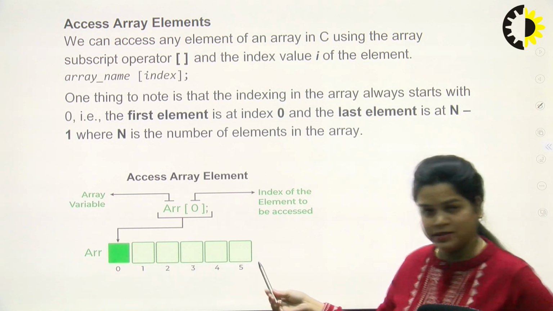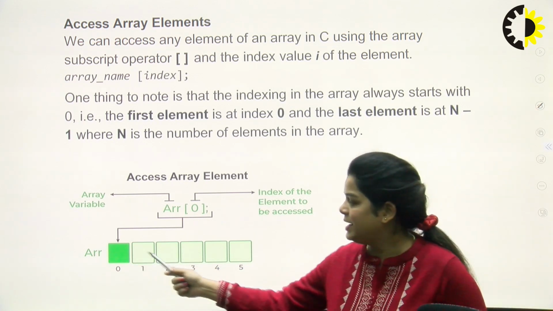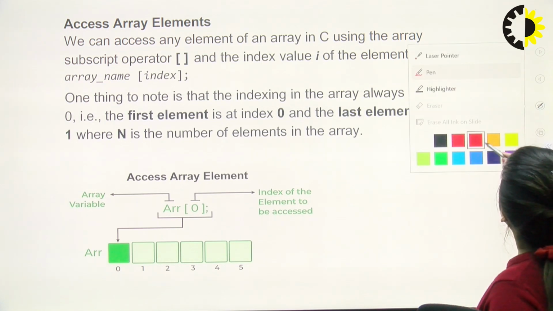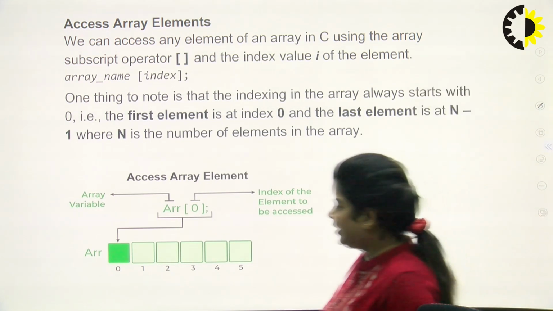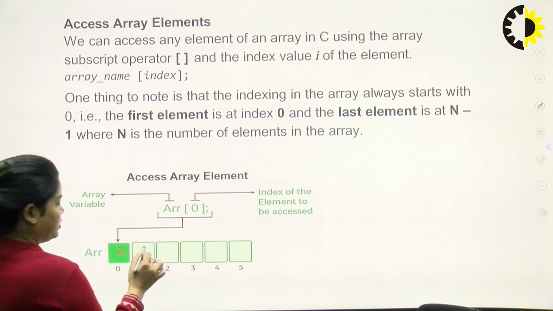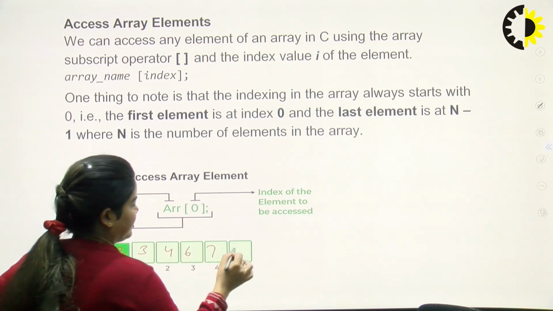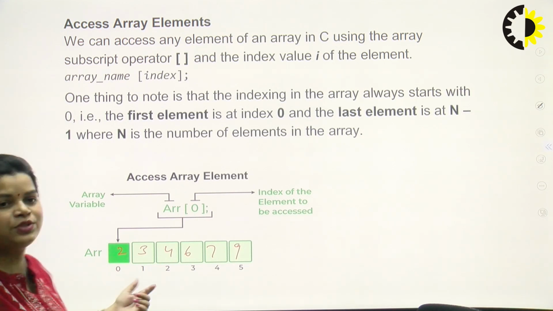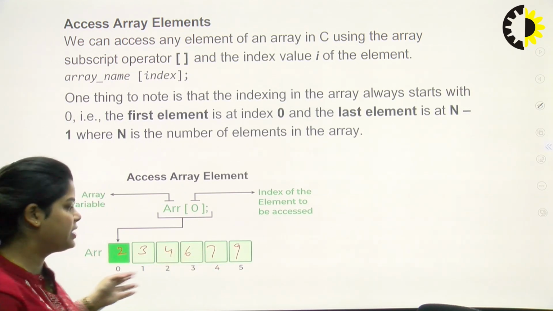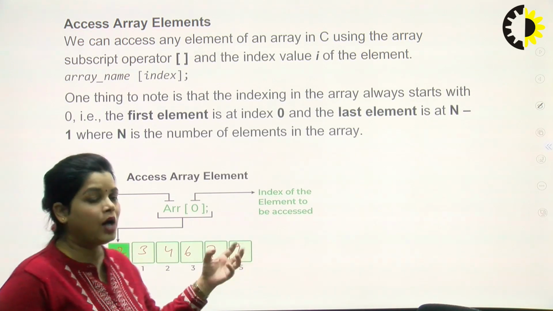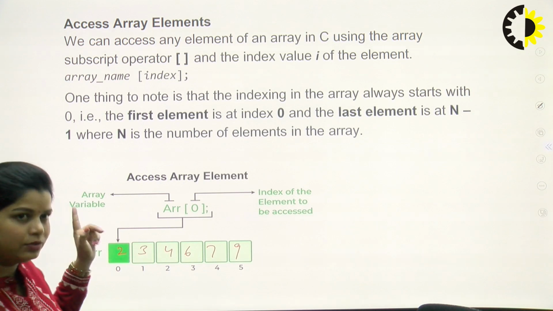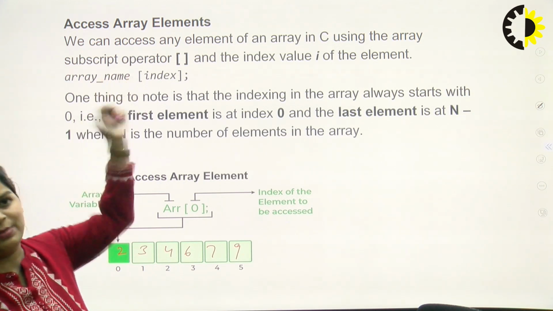If this is an array and we have entered elements inside it, let's suppose we have entered 2, 3, 4, 6, 7, 9. How to get these elements is known as accessing array elements.